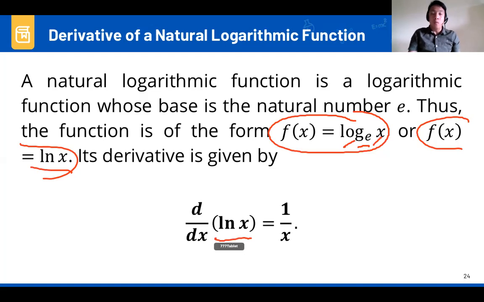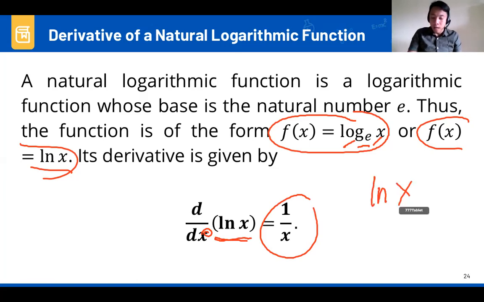Now, what will be the derivative of ln x? The derivative of ln x with respect to x is 1 over x. Why 1 over x? If I put ln x, we have an imaginary 1 here.